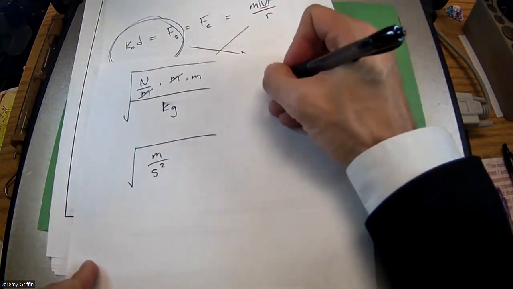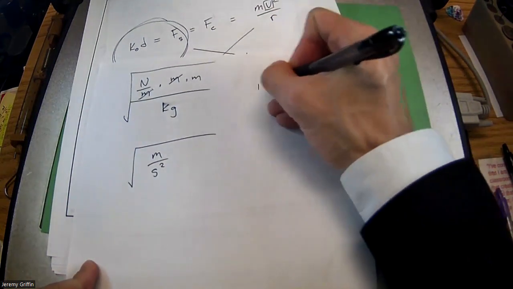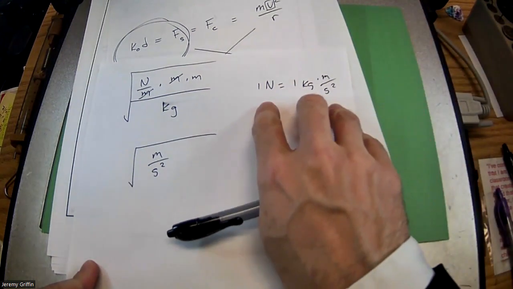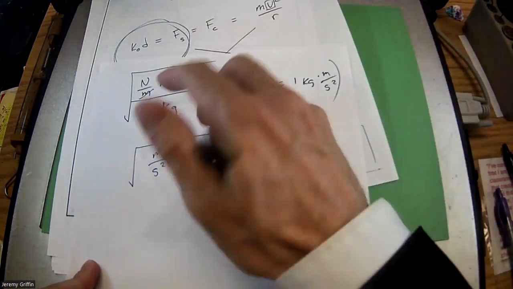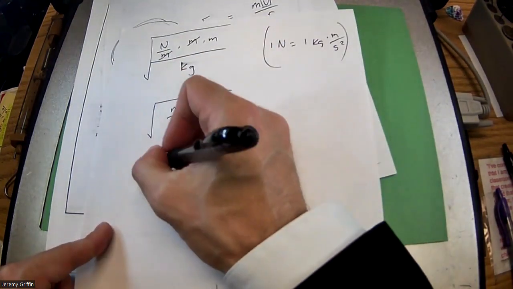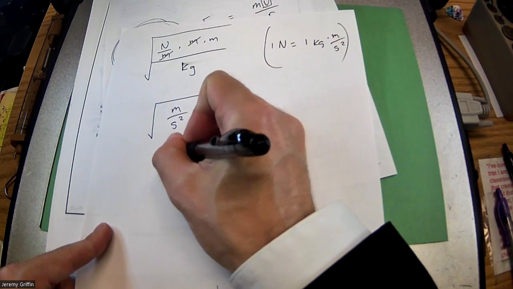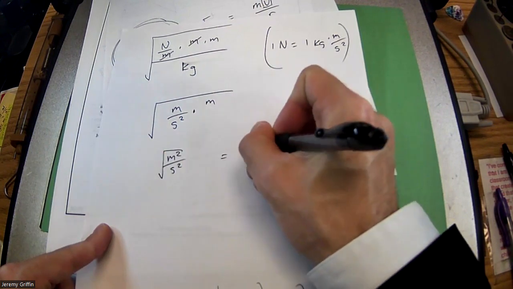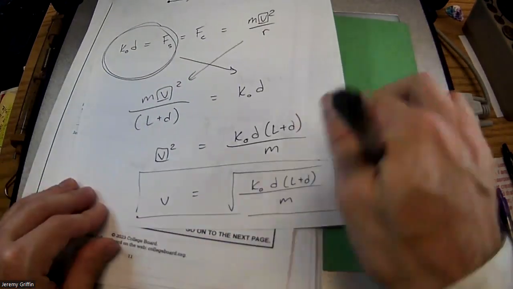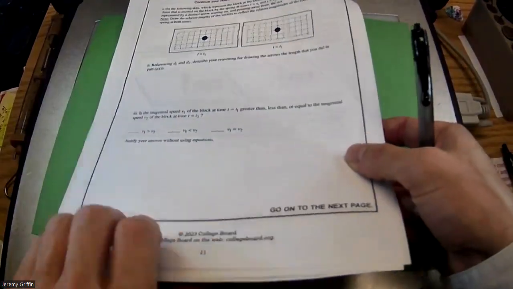Because 1 newton is 1 kilogram meter per second squared, F equals ma, right? Then I got meters right here. Guys, what's the square root of meter squared per second squared? Meters per second, which describes the speed, so we're all good. There's a little extra check right there. Are we good?